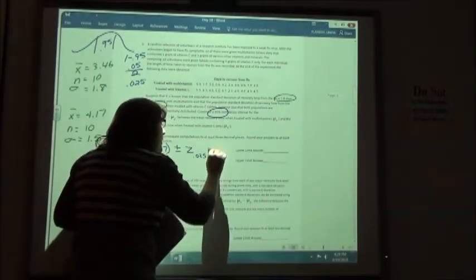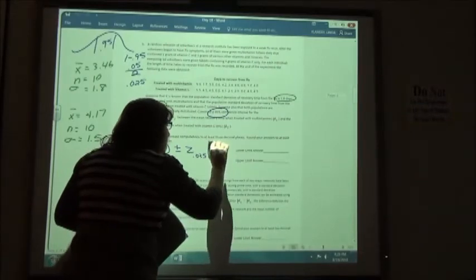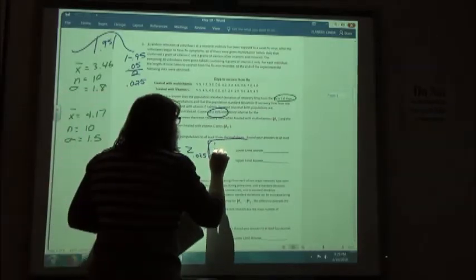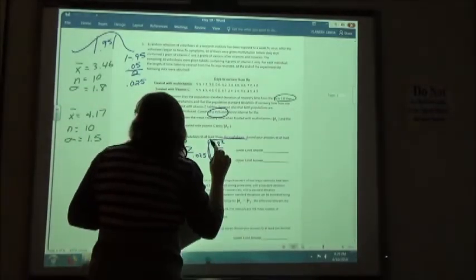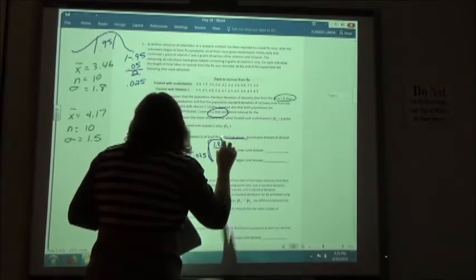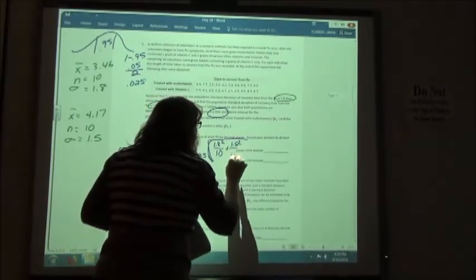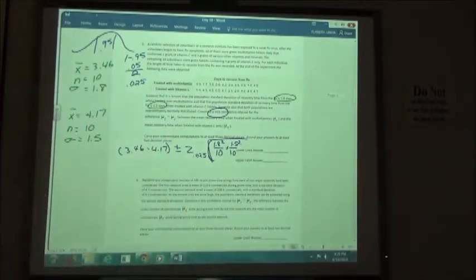0.025. Then we have square root of my standard deviation, so 1.8 squared over my n, which is 10, plus my other one was 1.5, so 1.5 squared over my n again, which is my 10.